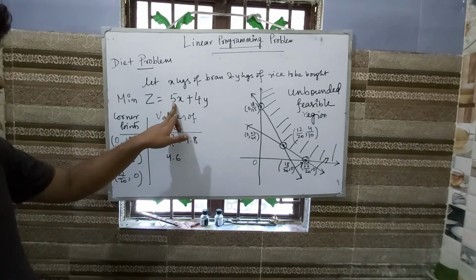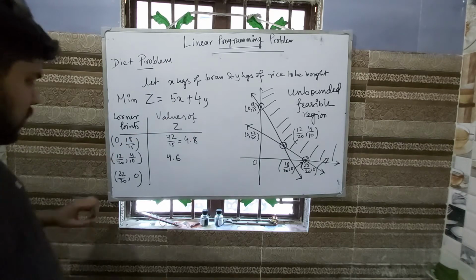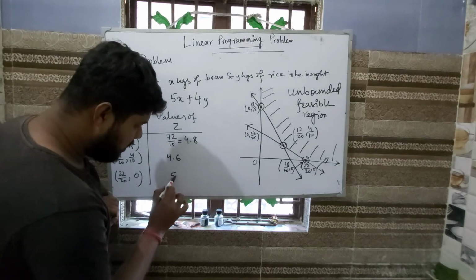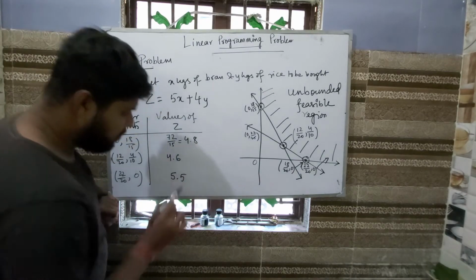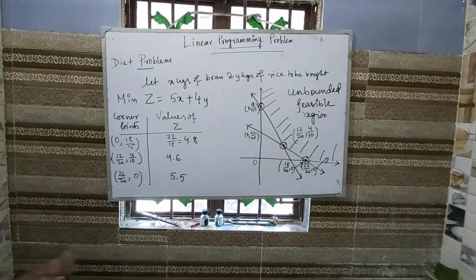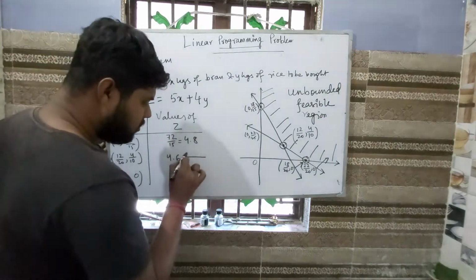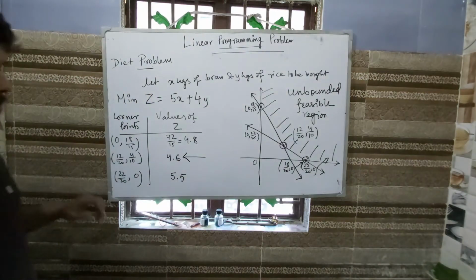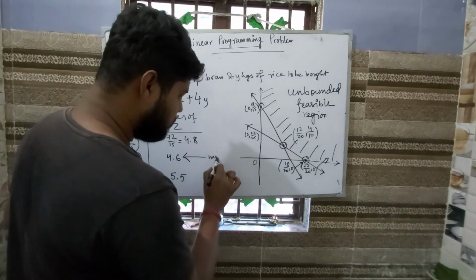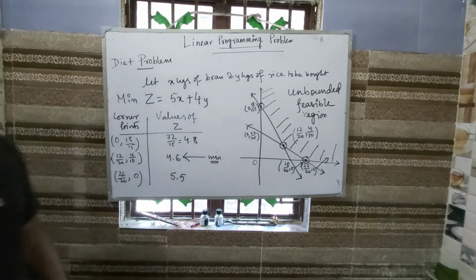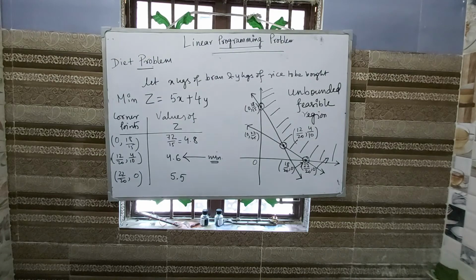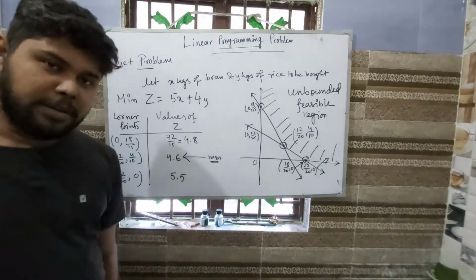So 5 into 11 by 10, that is 11 by 2. So that is 5.5. Something like that. So therefore, this is your minimum. I am looking for the minimum. Remember it. So this is your minimum.